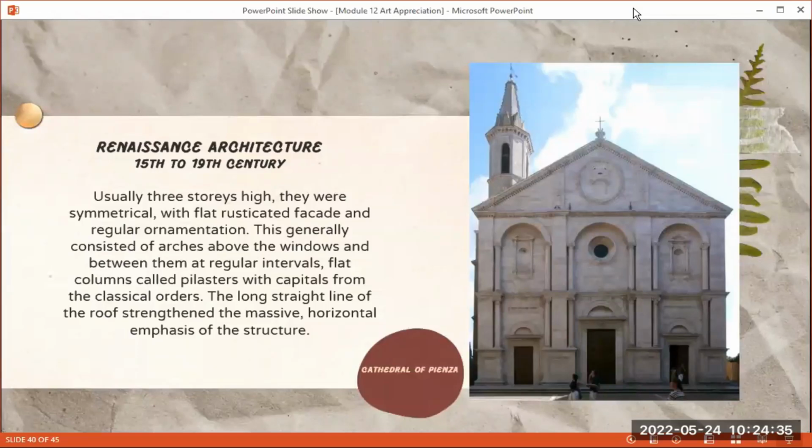Dapat nating tingnan din yun in the future kasi nga hindi pa tumatama yung tinatawag nating the Big One, lalo na dun sa mga area na kabilang dun sa tinatawag nating Pacific Ring of Fire.